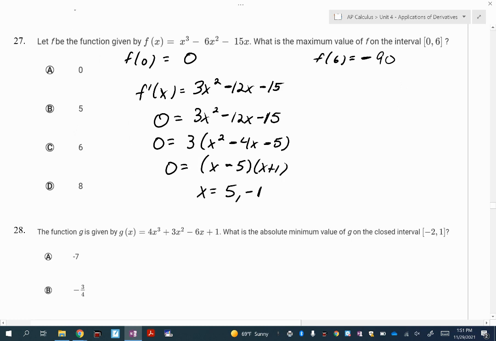But if you notice, in the interval of 0 to 6, negative 1 is not in the interval. So all I care about is this 5. Okay, so I'm going to be plugging in 5. So do f of 5. I'm going to see if that's going to end up being my absolute maximum, or it might be one of my endpoints. So I'm going to plug in 5.